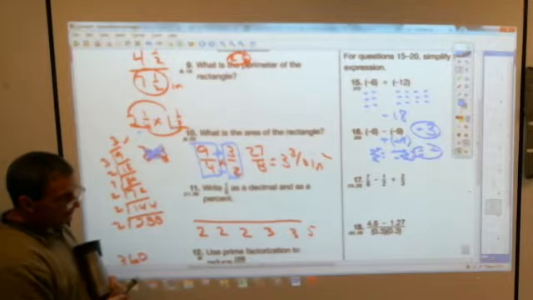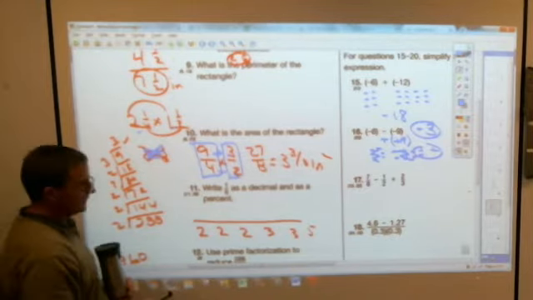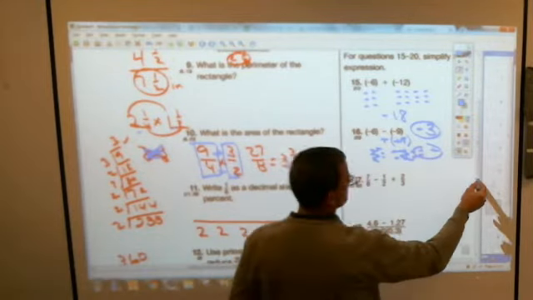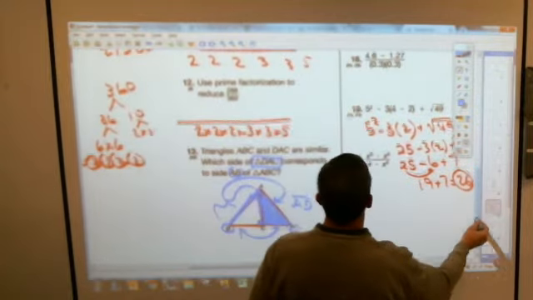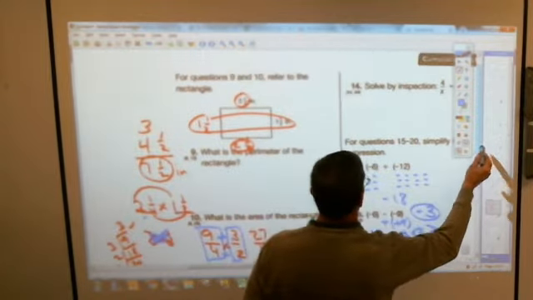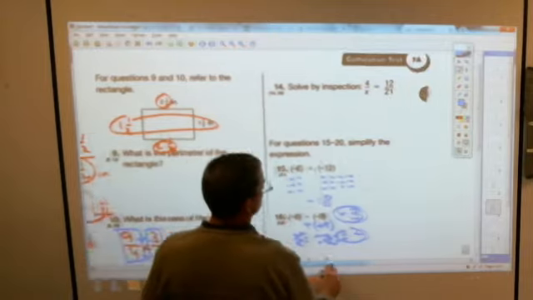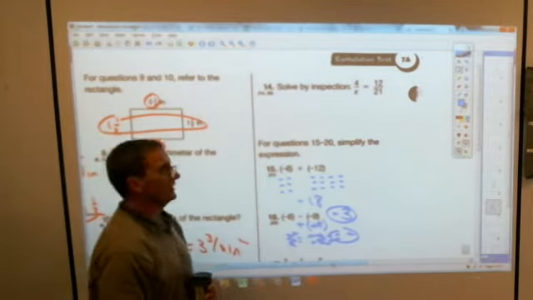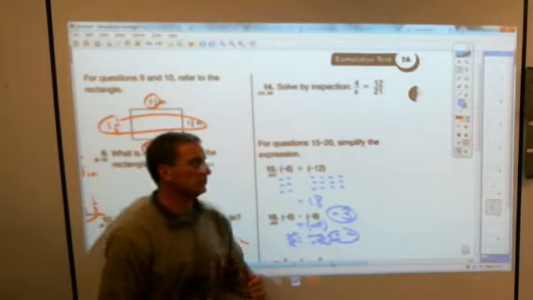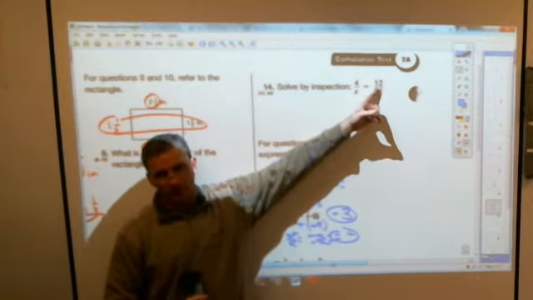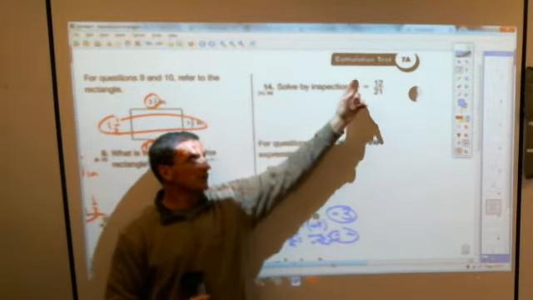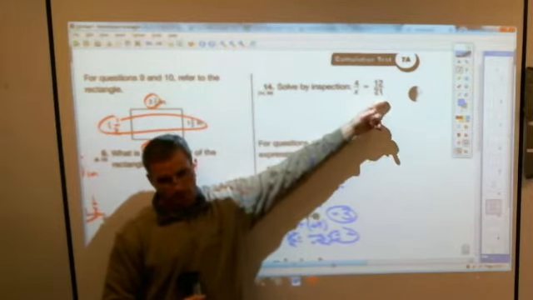Emma, number 14. Number 14, ladies and gentlemen. Solved by inspection simply means you could do this by multiplication or division. Emma, how do you go from 12 down to 4? Divided by 3.